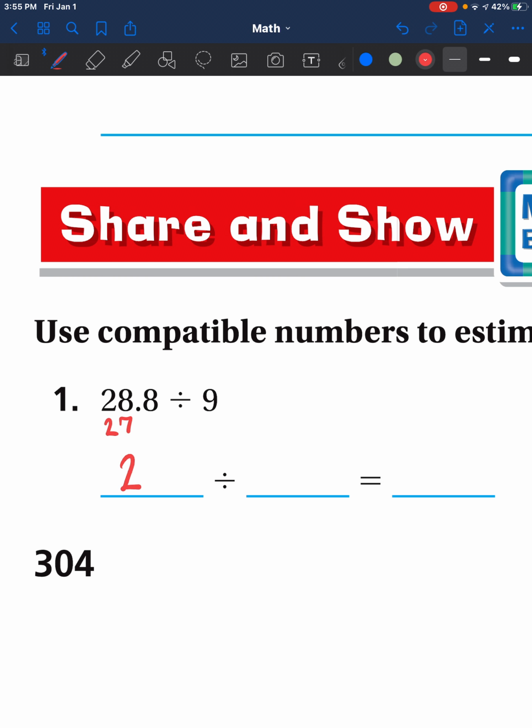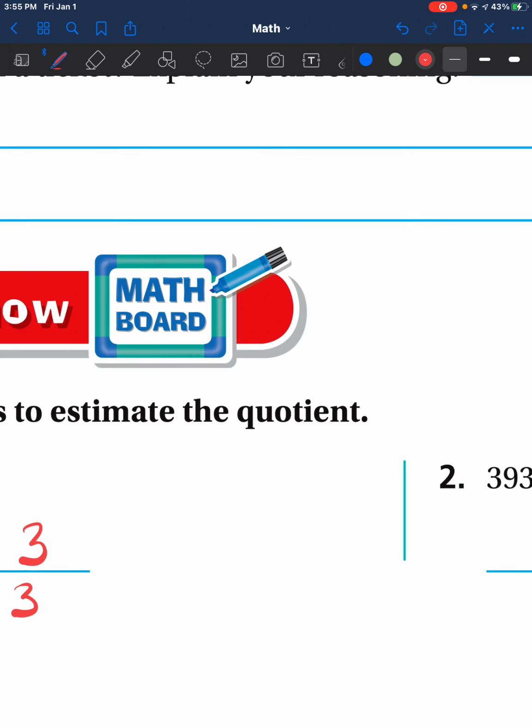So we could take 27 divided by 9 is 3. If we wanted to, we could have gone 30 divided by 10 equals 3, and we would have got the same estimate. So remember, estimates aren't exact. There is definitely some leeway there, but they have to be compatible for one and as close as you can get them.